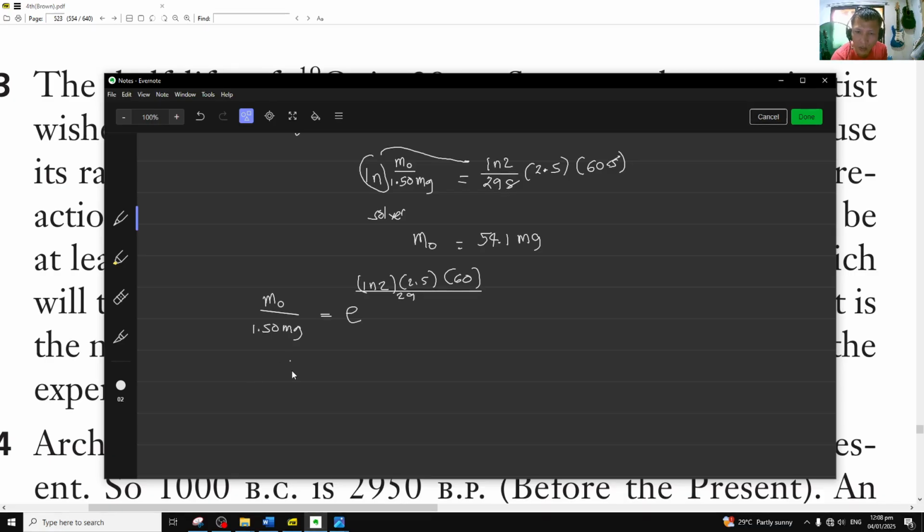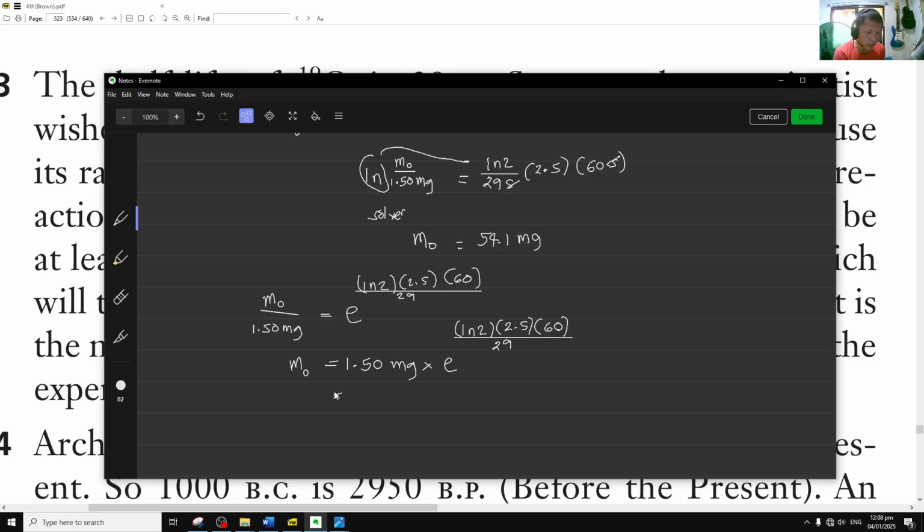And then you have your M0 equal to 1.50 milligram multiplied by e raised to ln 2 times 2.5 times 60 all over 29.